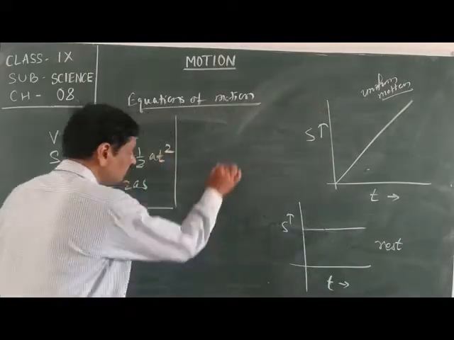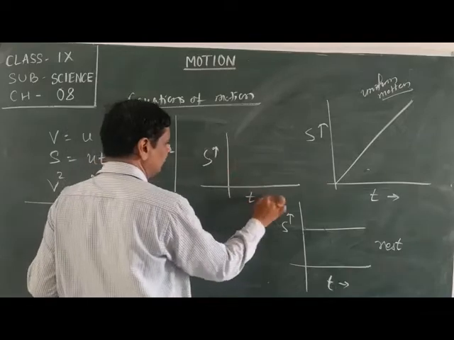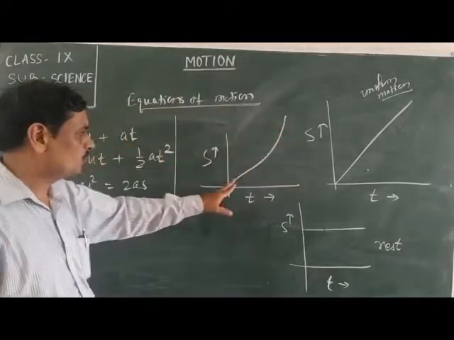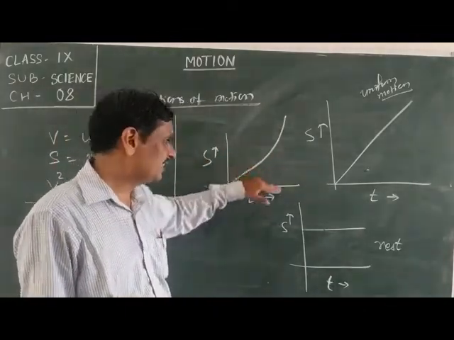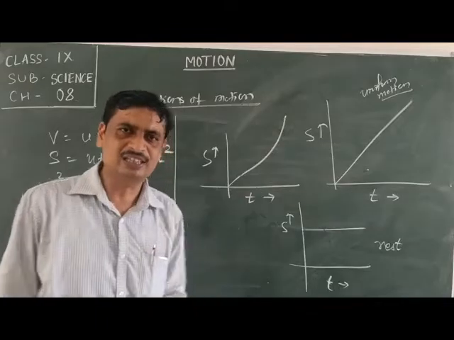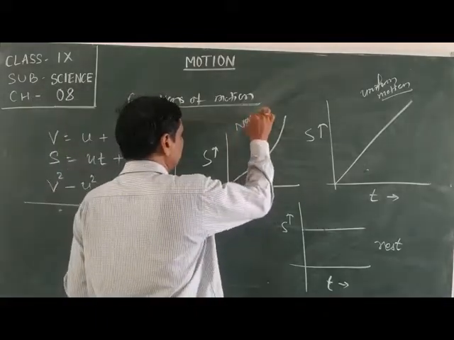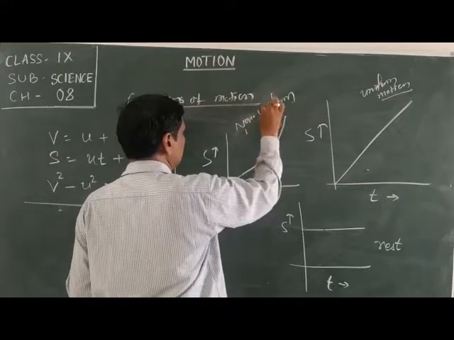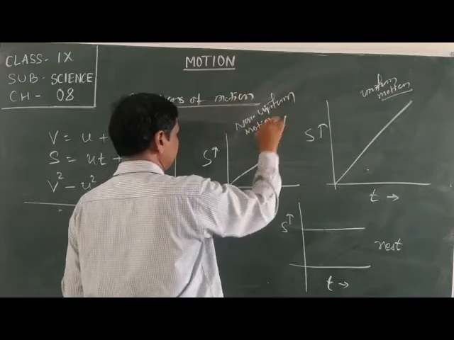Next, it is displacement, this one is time. Here, this type of motion, which is not a straight line, sometimes it is displaced less, sometimes more, in equal intervals of time. This type of motion of a body is called non-uniform motion.